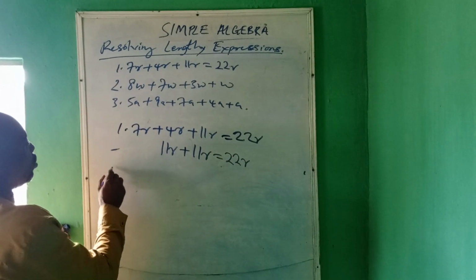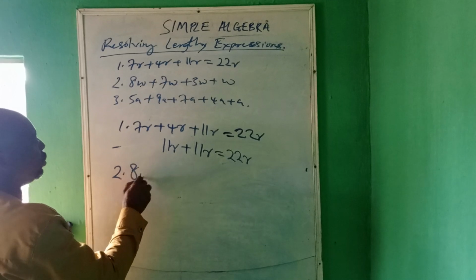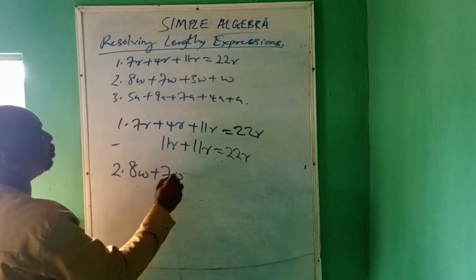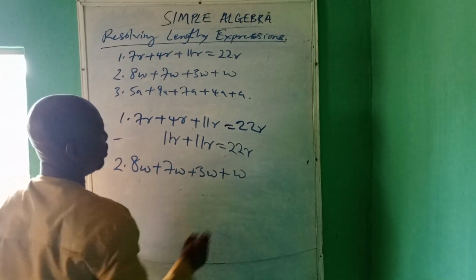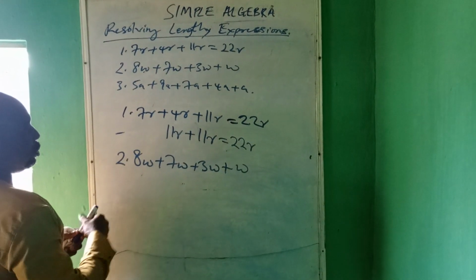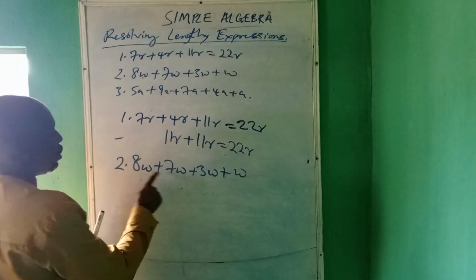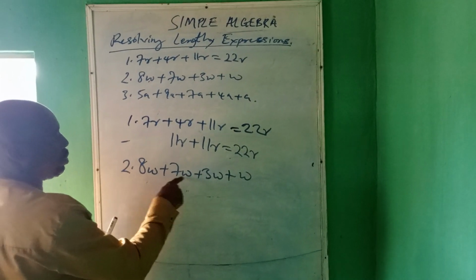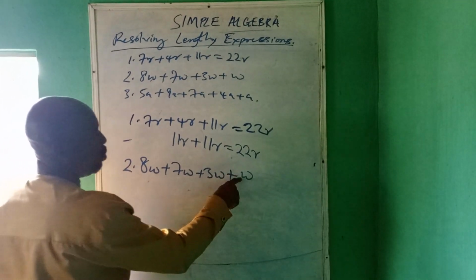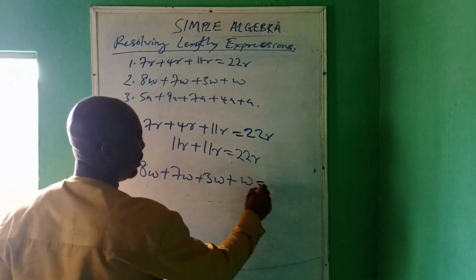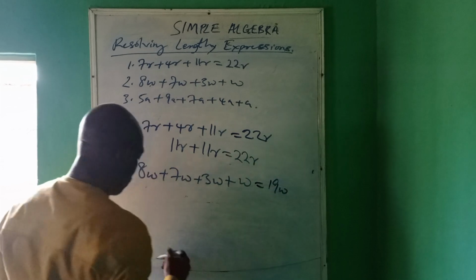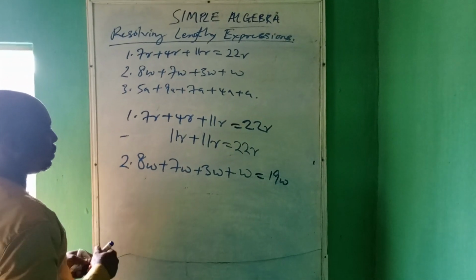We take the second one, number two, 8w plus 7w plus 3w plus w. Either you add just these numbers, 8 plus 7, 15, plus 3, 18, plus 1, 19. That is 19w. Or we can take it step by step.